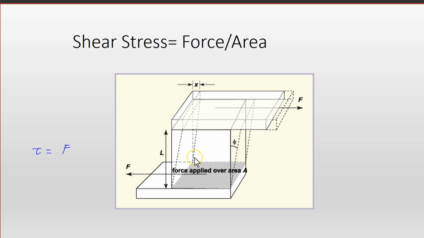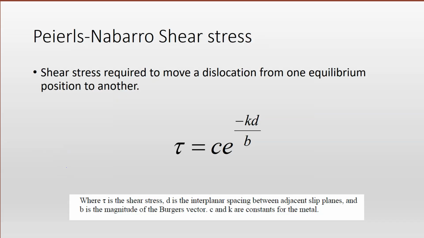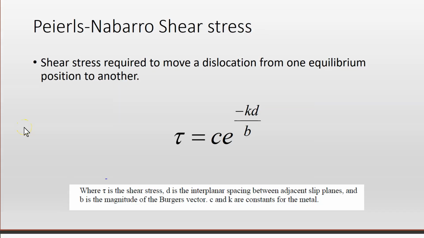But when we do that, we're creating shear stresses in the material. That's going to be F over this area A. This is the Peierls-Nabarro shear stress. It's the shear stress required to move the distortion from one equilibrium position to another.